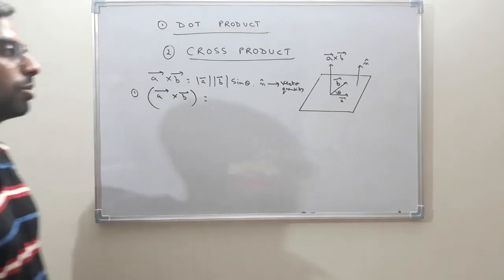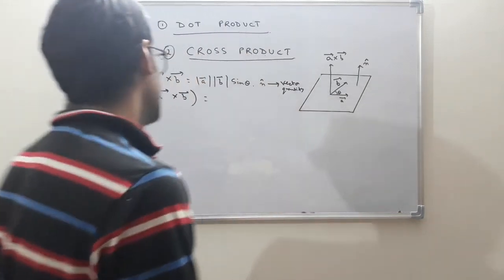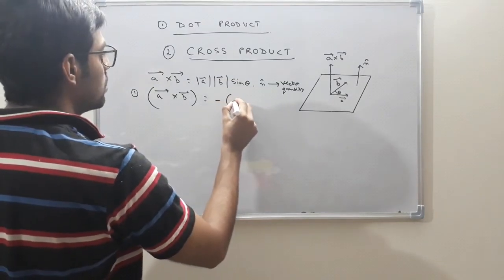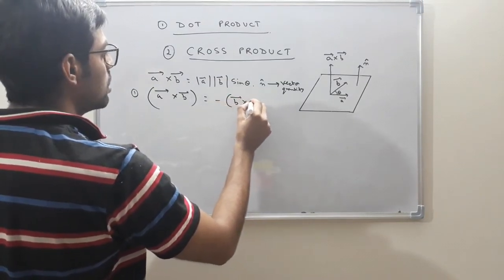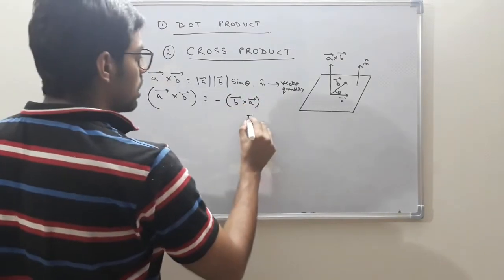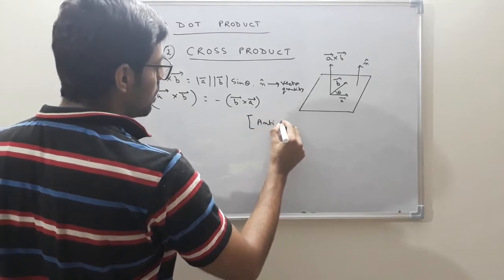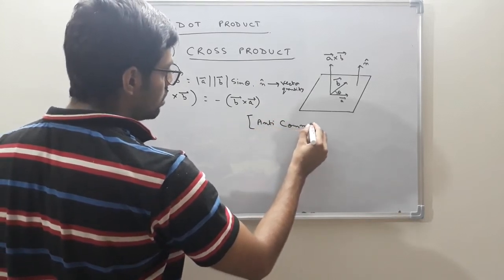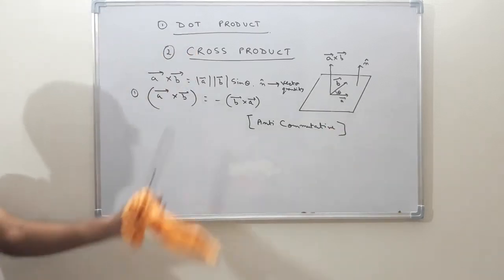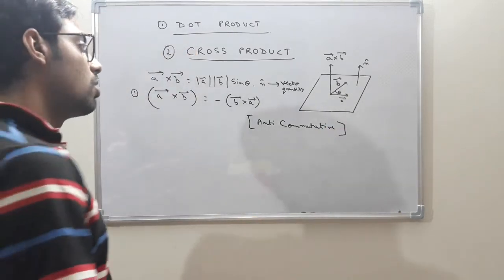So it is called the vector product, and the other is the scalar product. So A cross B is equal to minus of B cross A. Therefore, it is anti-commutative in nature. The dot product was commutative in nature, and the cross product is anti-commutative in nature. Okay, so A cross B equals minus B cross A.